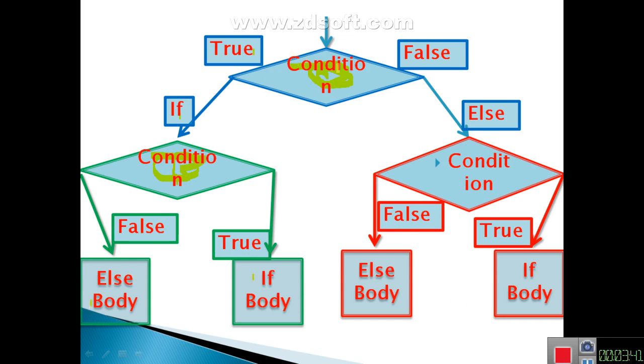Suppose the main if condition itself fails, then automatically it goes for the else body. Inside the else body, one more condition is there. If true, the inside if body executes; if false, the inside else body executes. You can understand this properly with the example.